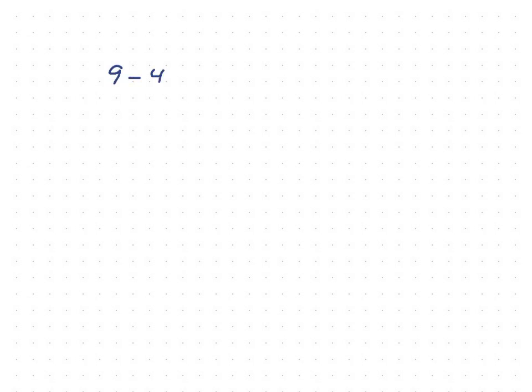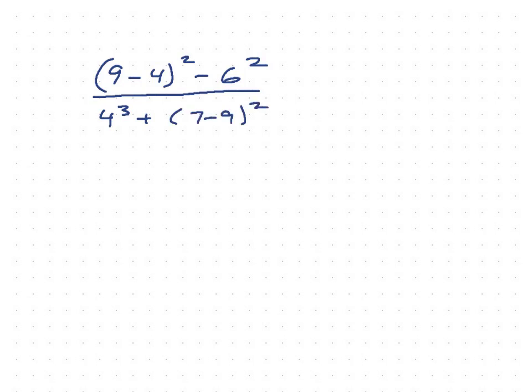We'll do 2 more. 9 minus 4 squared minus 6 squared over 4 cubed plus 7 minus 9 squared.